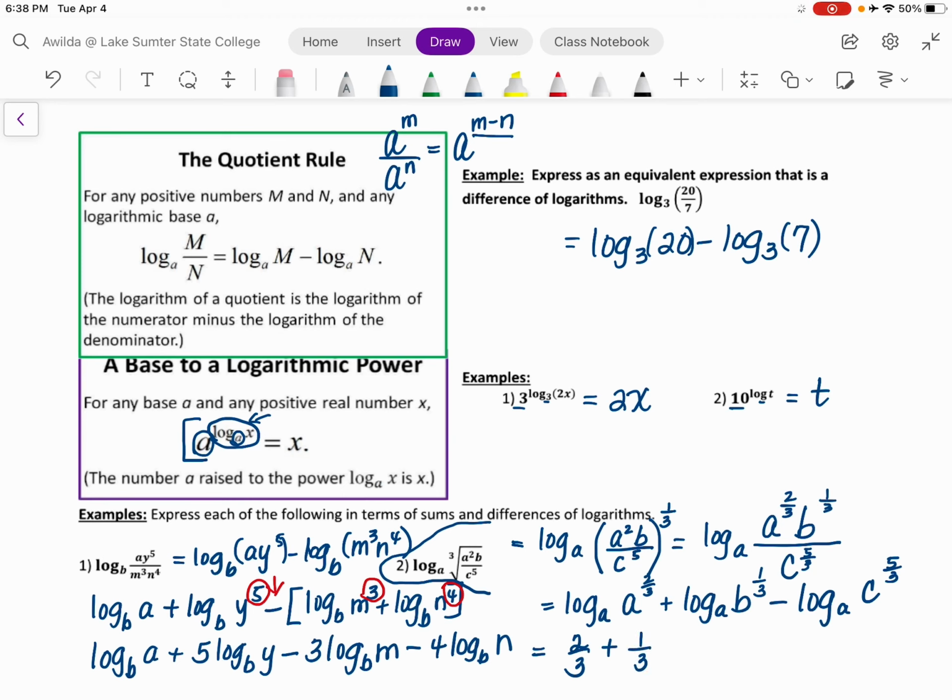So I can write this as 1/3 times logarithm base a of b. Here, the base of the logarithm and the base of the power do not match, so this is as simplified as we can go for that one. And lastly, I'll bring down the 5/3 in the exponent as a coefficient, so we'll have minus 5/3 times logarithm base a of c.